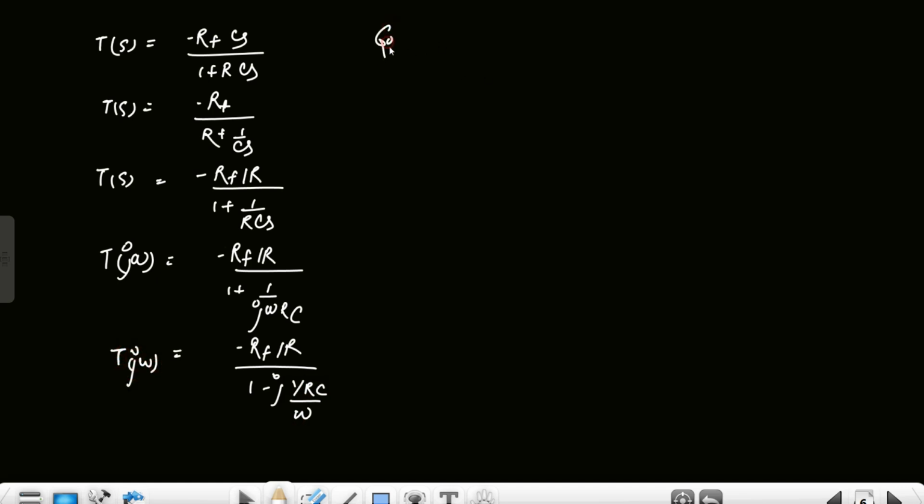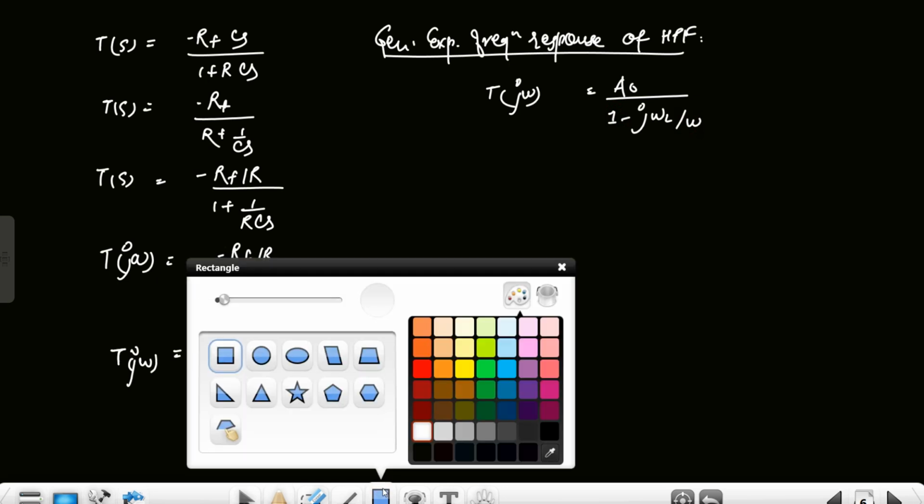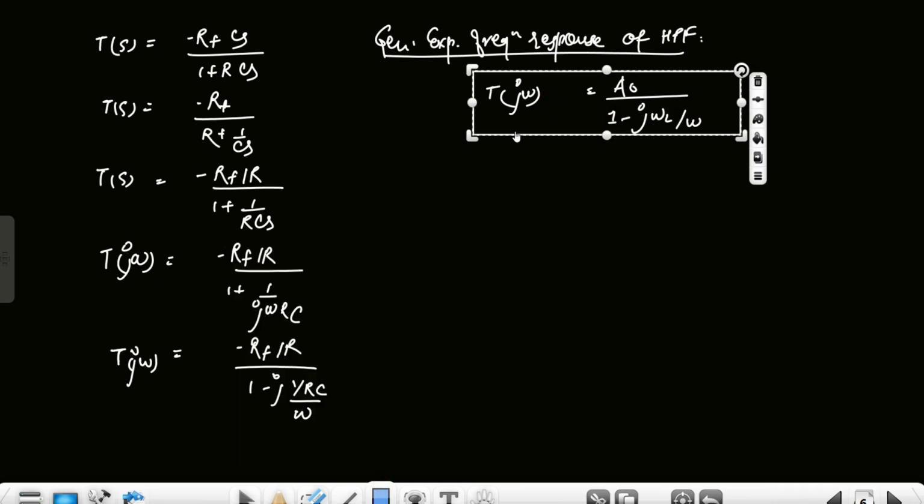Because the general expression for the frequency response of a high pass filter is A0 upon 1 minus j omega L upon omega. This is the general frequency response expression of a high pass filter. This A0 is the maximum gain or maximum magnitude, and this omega L is the lower dB frequency.